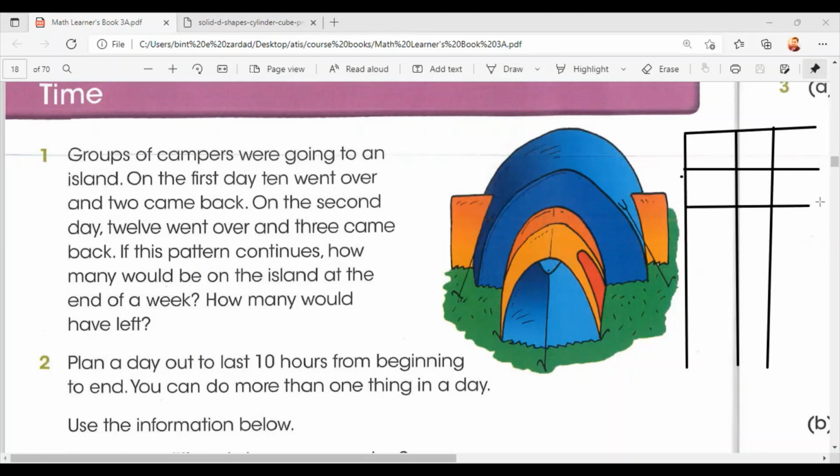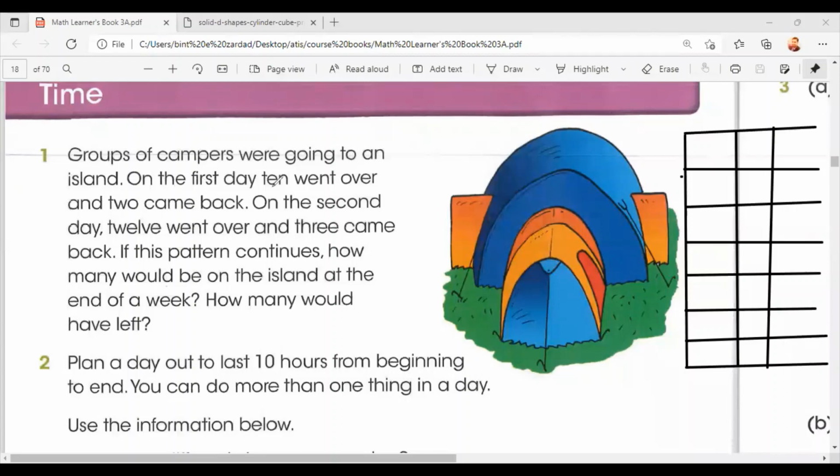How many days? 7 days. 1, 2, 3, 4, 5. Let's check how many days the question is asking.